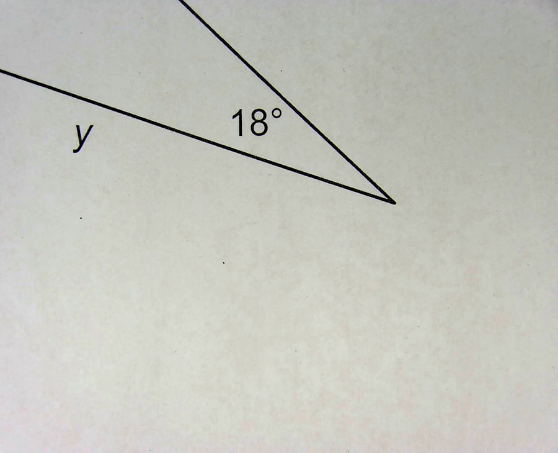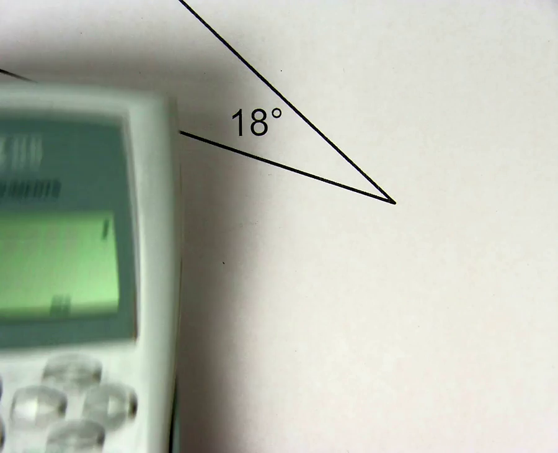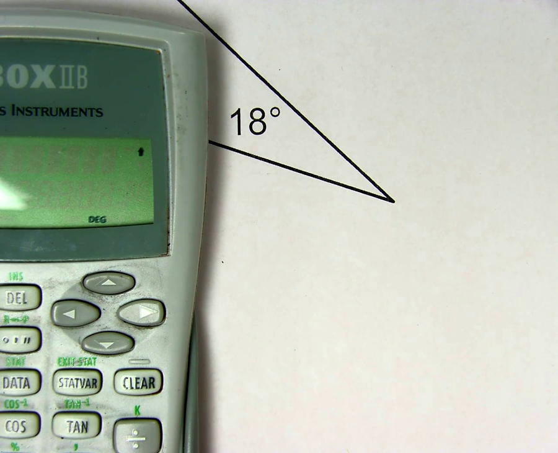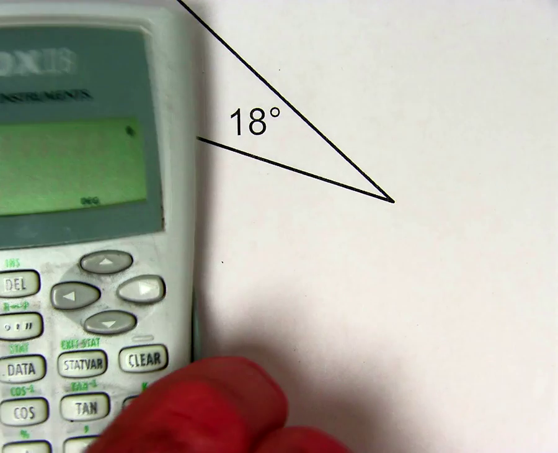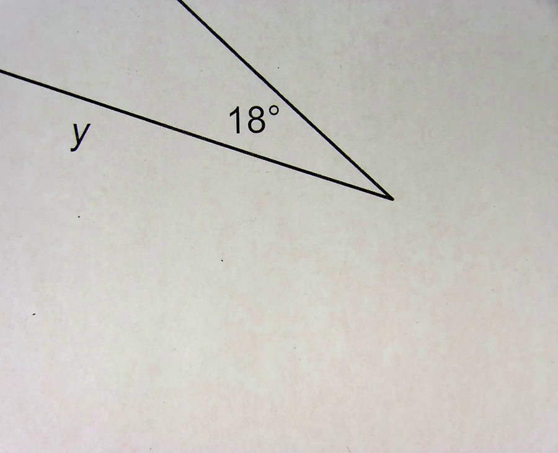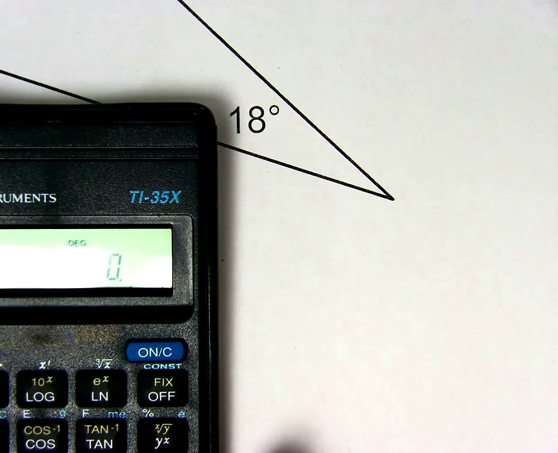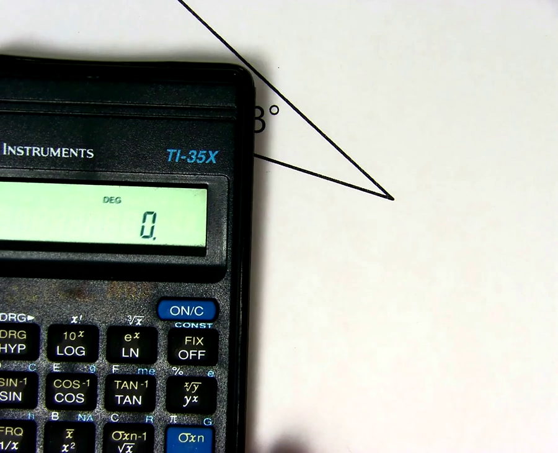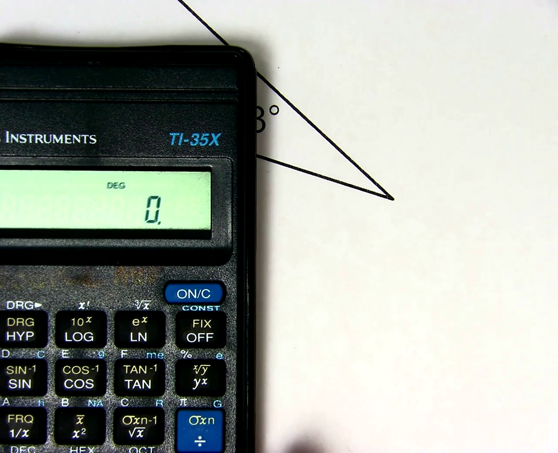And maybe you figured out by now the D and the DEG stand for degrees. There are other ways of measuring angles other than in degrees, but we have to make sure our calculator knows that we're going to be using degrees.